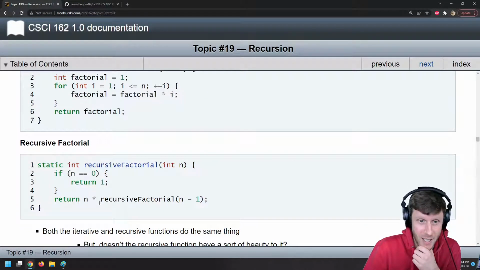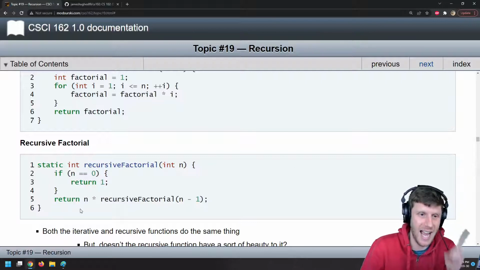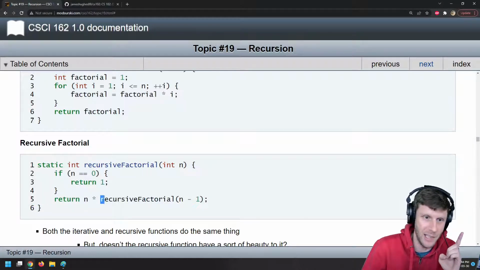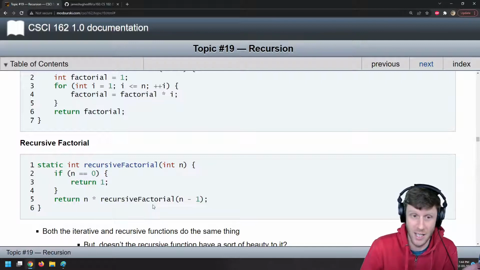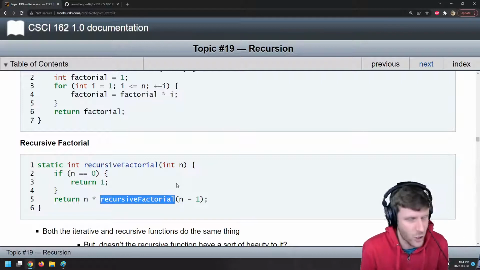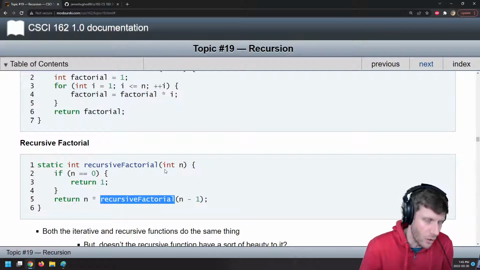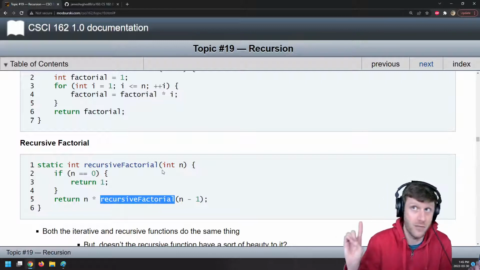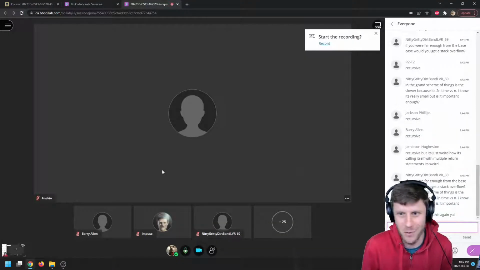But whenever we see a call like this, I can't actually finish executing line 5 until I have completely evaluated the result of recursive factorial of n minus 1. Once that's done and I have an answer, like once this gets evaluated to an actual value, I can multiply it with n and then return the value to the calling function. Whether it was another recursive call or the first one, like in the main method, which is pretty cool.